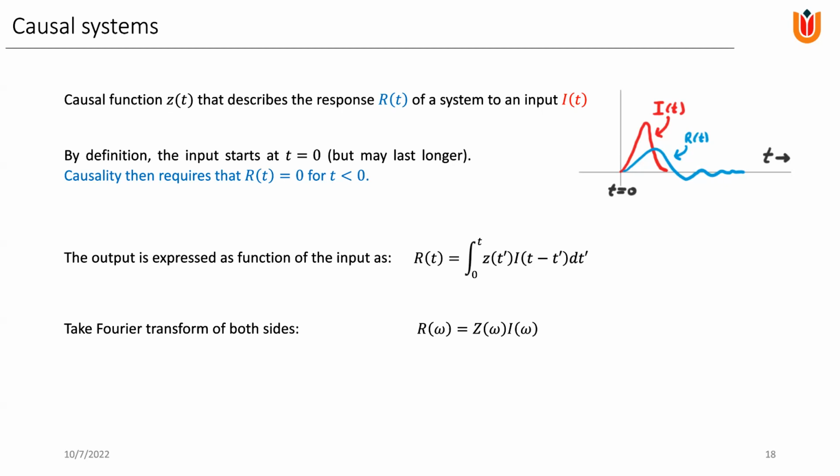If we take the Fourier transform of both sides, this R of t simply becomes R of omega, and the Fourier transform of a convolution is equal to the product of the Fourier transforms. So that means that this convolution in the time domain is simply a product in the frequency domain. Z of omega is the Fourier transform of Z of t, and E of omega is the Fourier transform of I of t.